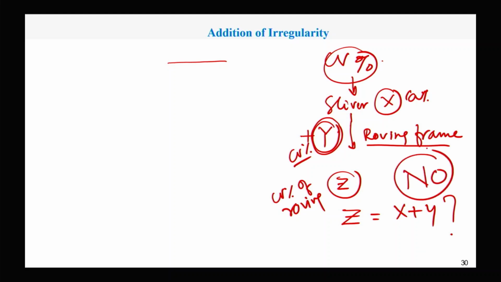No. We cannot add the CV by simply adding X plus Y.